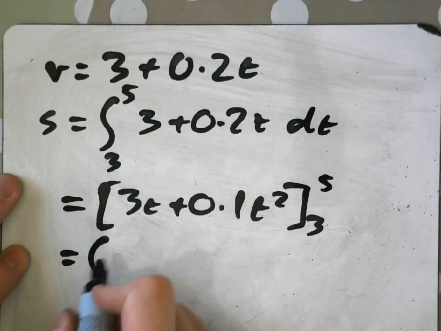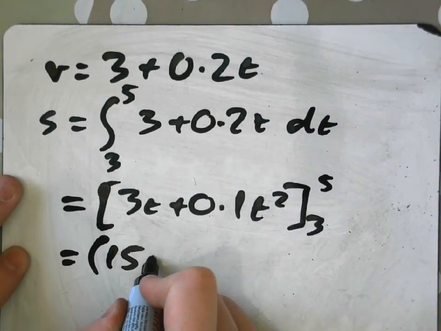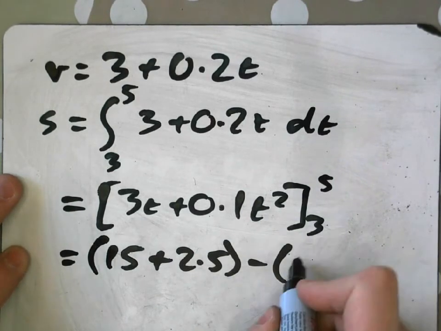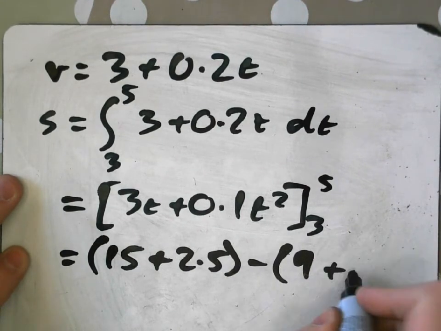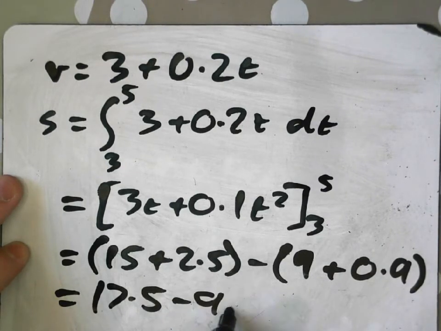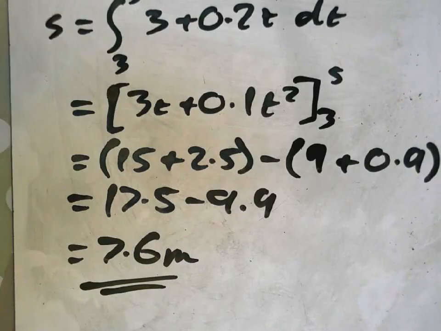Substitute 5 in, 3 5s are 15, t squared is 25, 0.1 times that is 2.5, so 15 plus 2.5. And then sub 3 in, 3 3s are 9, t squared would be 9 again, times 0.1, 0.9. What we have here, 17.5 minus 9.9, so 7.6 meters. So all we've done there is a nice simple integral problem with limits, nothing beyond anything you've done before. It's just about remembering how to use what in the given situation.